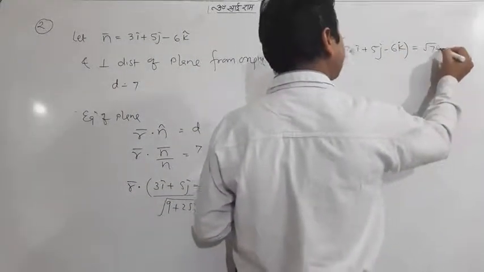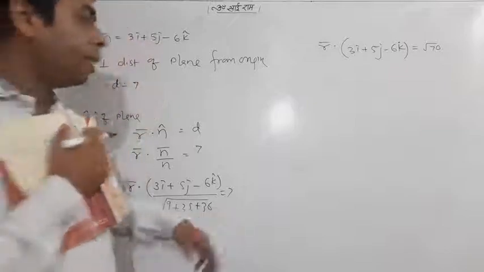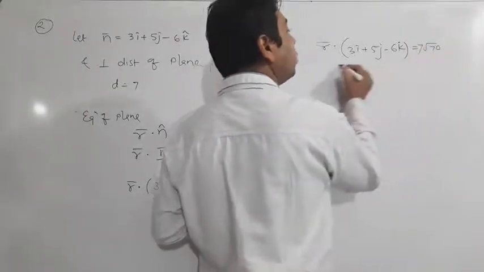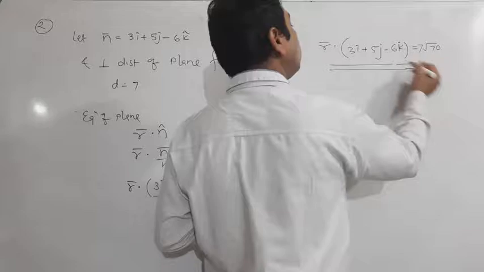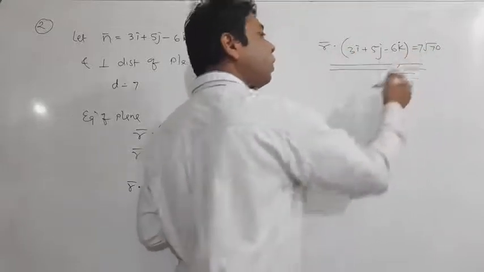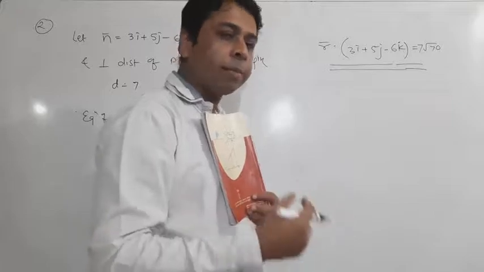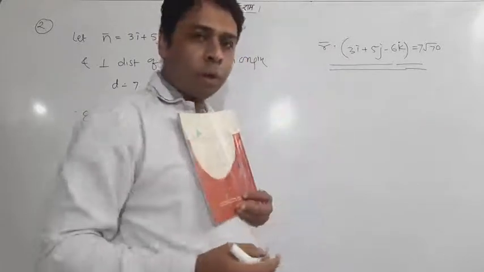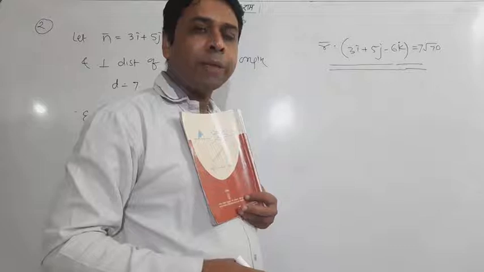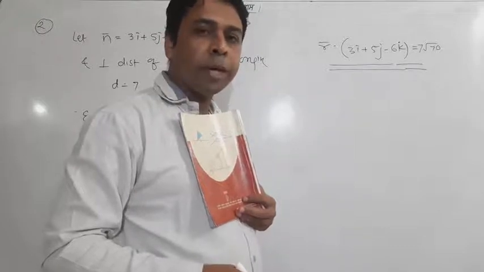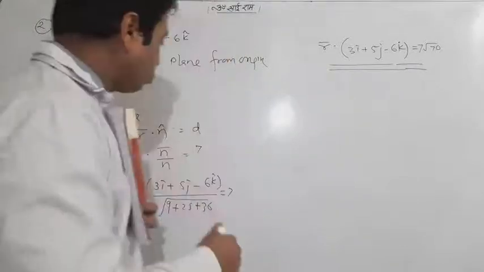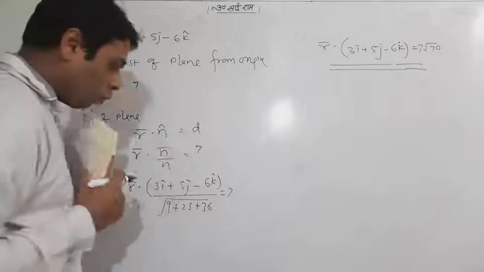So root 70 will transfer to this side, and 7 is waiting here. So whatever answer you see in front of you, r dot n equal to d, this is the general form. The answer lastly comes in a general form. So I think you have got the thing, that it is simple. Whenever the perpendicular distance of the plane from the origin is given, you have to use only this formula.